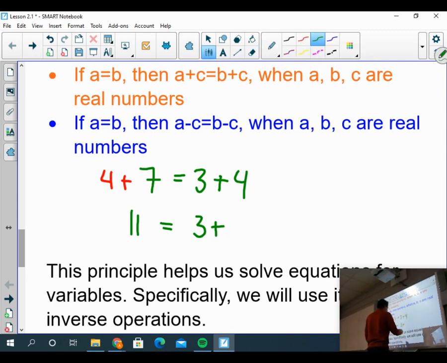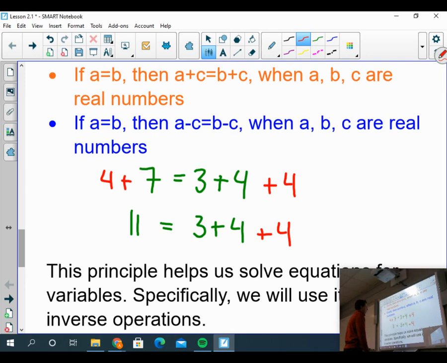Sorry, that was meant to be a 4. Well, I'd also have to add 4 to the right side. If I wanted to add 4 to the left side for some reason, and again, we'll dig into the reasons why in a bit, I would also have to add 4 to the right side for the equation to stay equal.